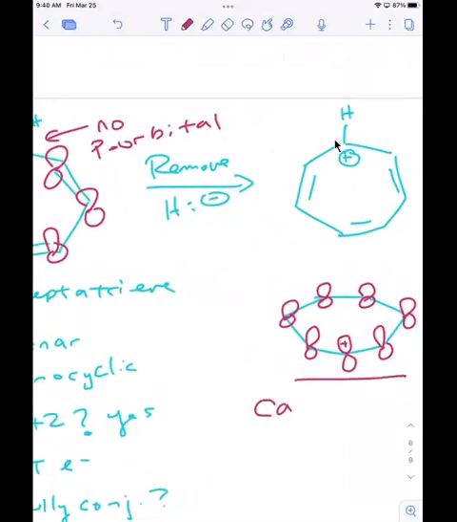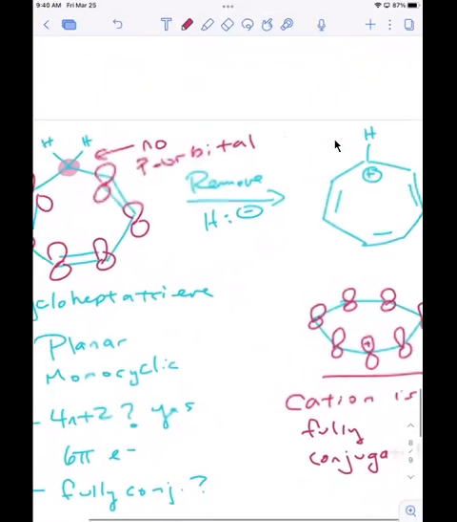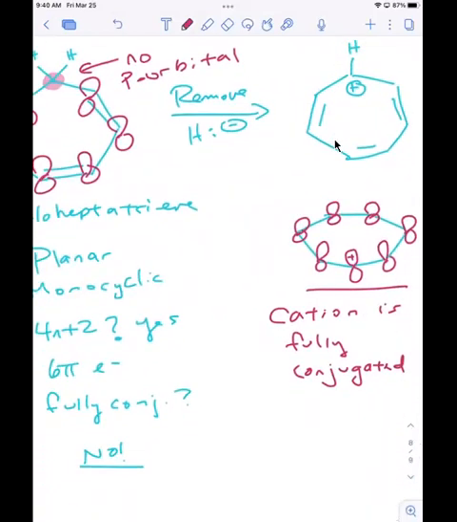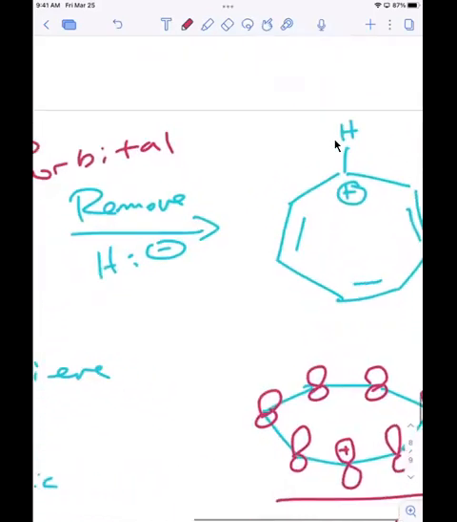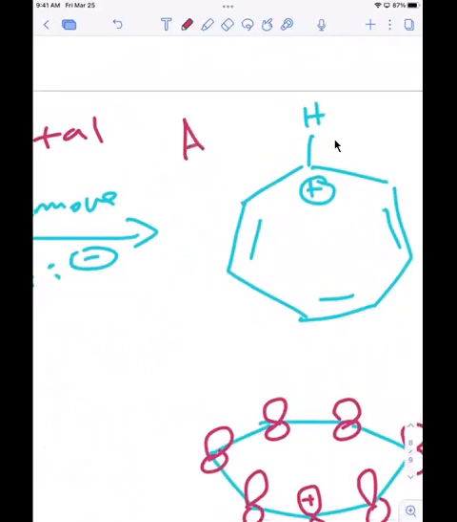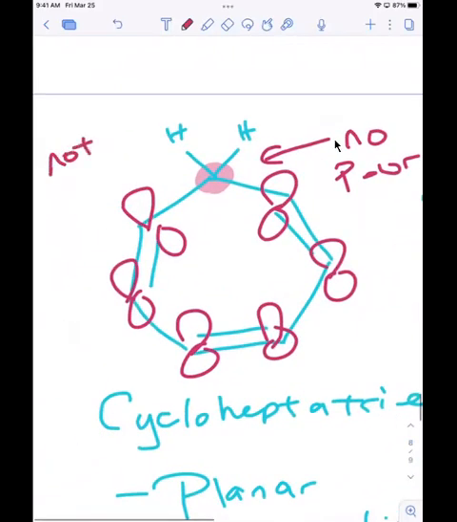So the cation is fully conjugated. So all the other criteria still stick. So the cation of cycloheptatriene is aromatic. This is not aromatic.